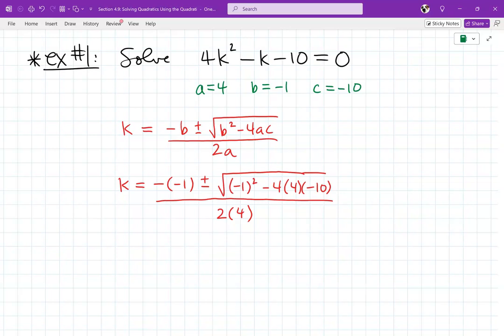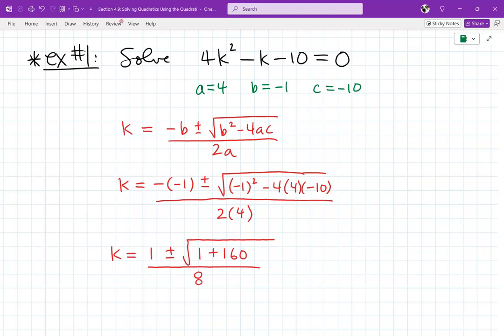So k is equal to negative of a negative 1, that's 1, plus or minus the square root of negative 1 squared is 1, and then negative 4 times 4 is negative 16 times a negative 10, that's a positive 160, over 2 times 4, that's 8.